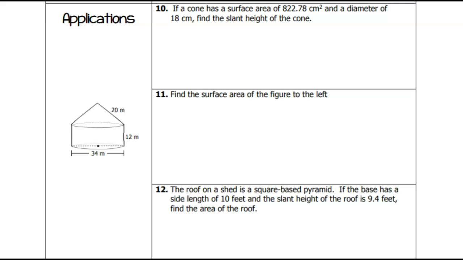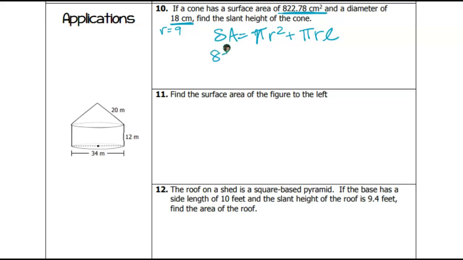I know that if I have a diameter of 18 centimeters, then that means that r is equal to 9, and then I have an area of 822.78. And so in my surface area formula, which is pi r squared plus pi r L, I have r, and I know what pi is, so I'm really just left with solving for L.